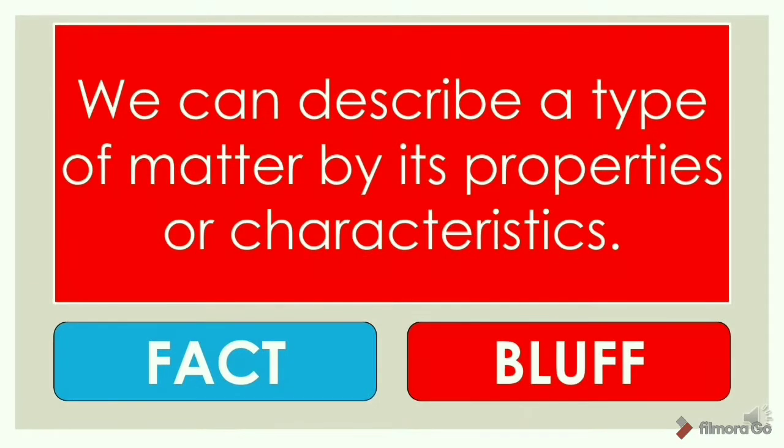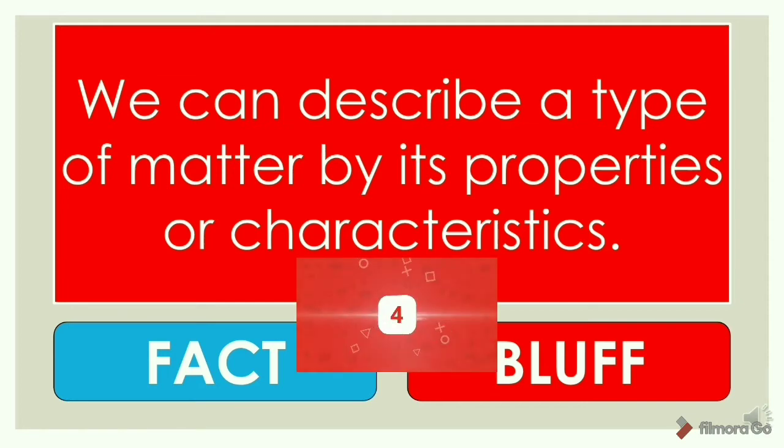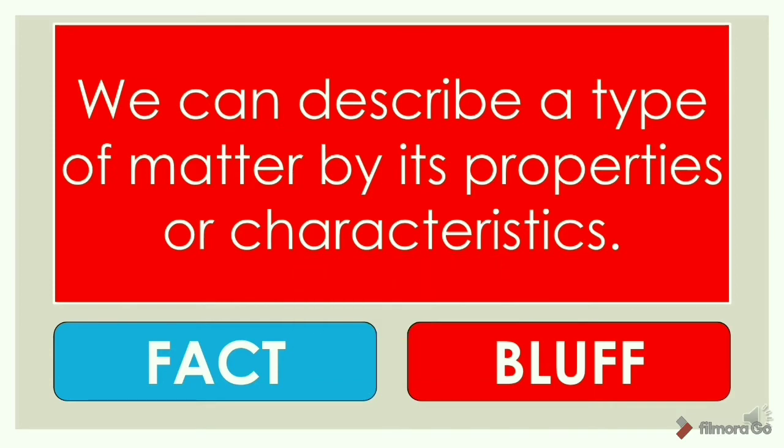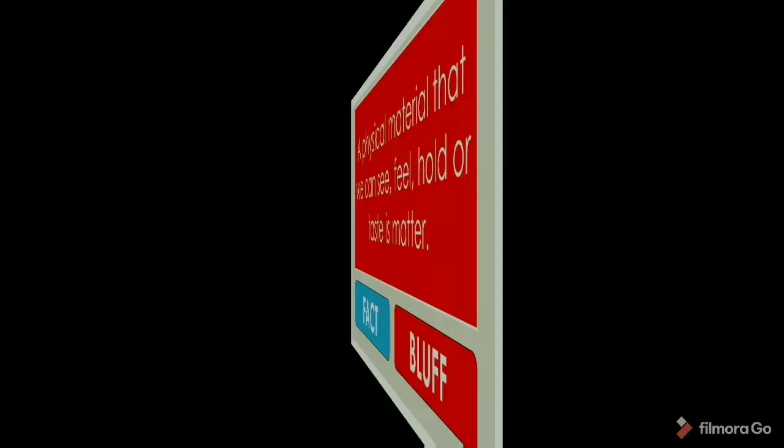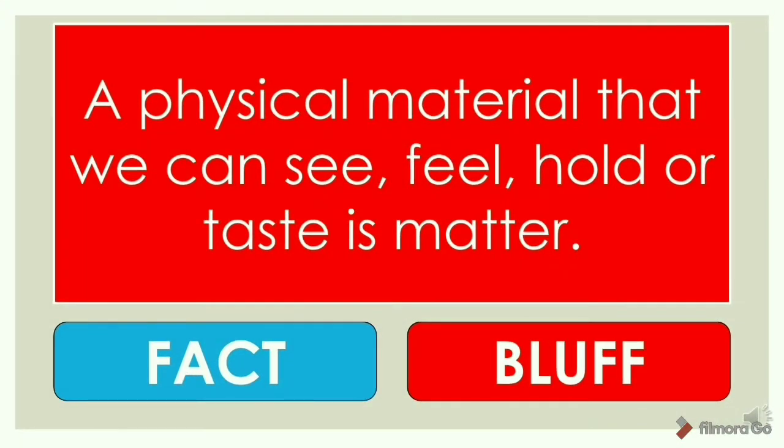Number 1. We can describe a type of matter by its properties or characteristics. Fact or bluff? The correct answer is fact. Next question. A physical material that we can see, feel, hold, or taste is matter.